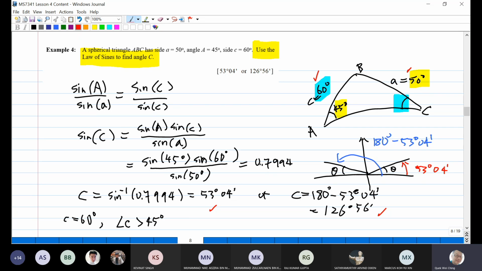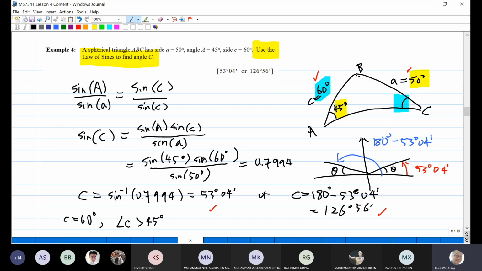So why is C like that here? If you draw it, it could be this way. What happens if you draw C this way? Let me draw it more accurately here. If I draw C this way, you can see the angle here.